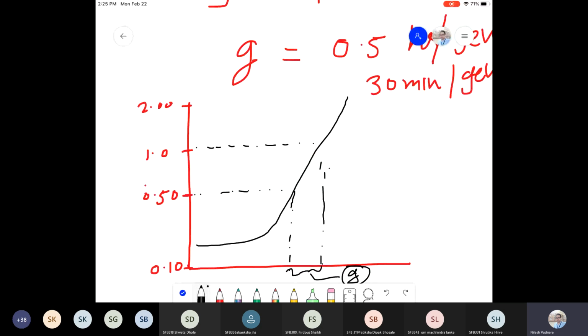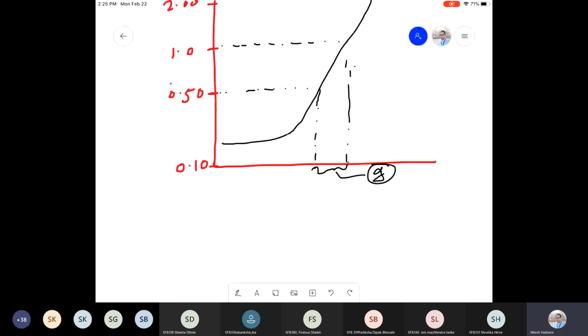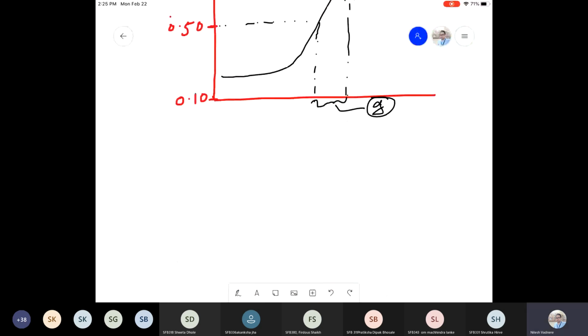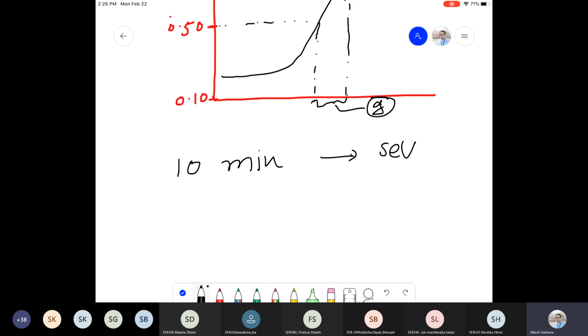And different microorganisms have different generation time. जैसे कि आपको पता है E. coli. So E. coli has a generation time of 20 minutes. So if we see the examples of different bacteria, you will find that different bacteria have different generation time, and it may range from 10 minutes to several hours.